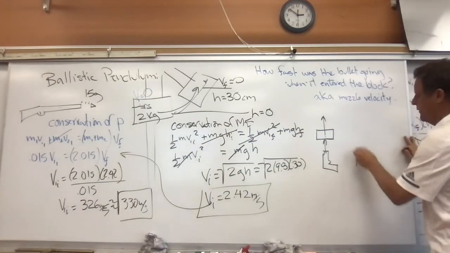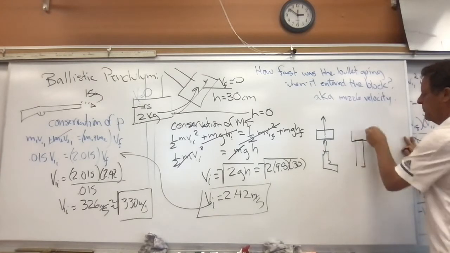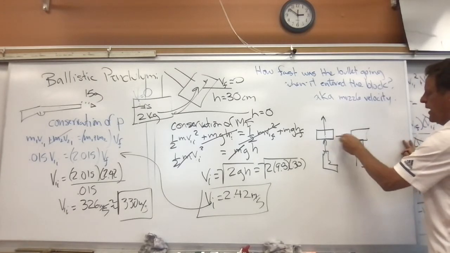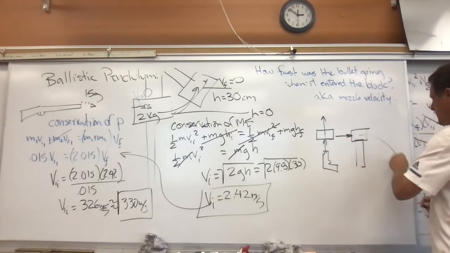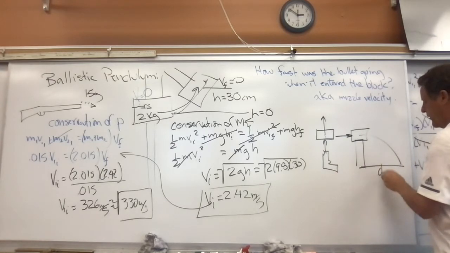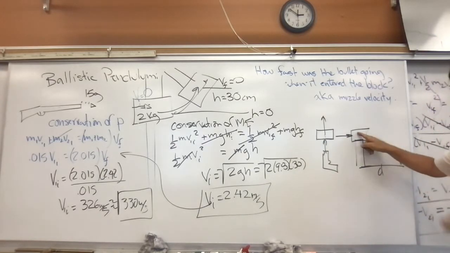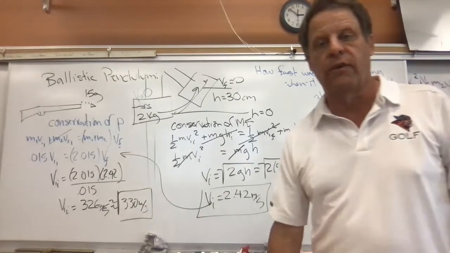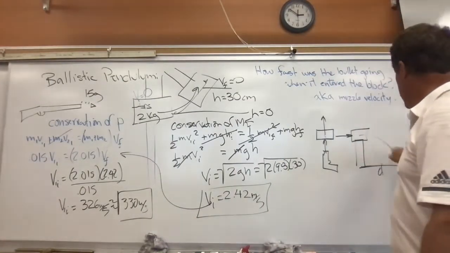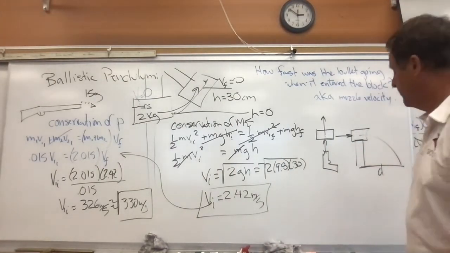We could have a block on top of a pendulum, and now we're going to have our bullet this way, and we want to know how far it goes. Like you're shooting tin cans off of a post. How far would that tin can go?